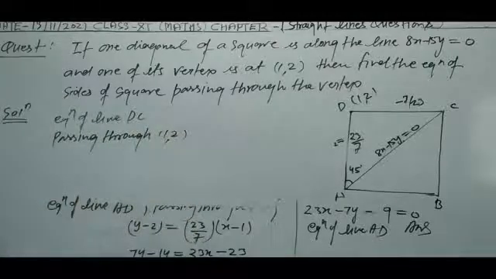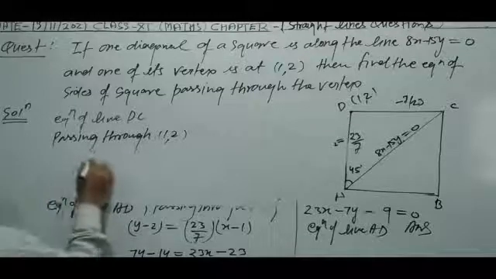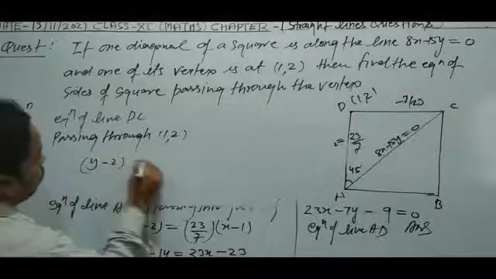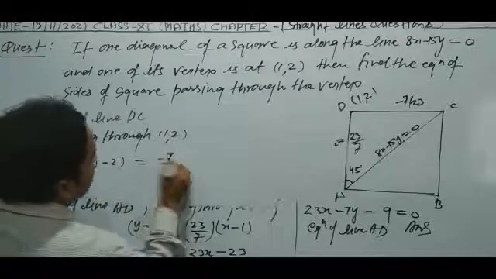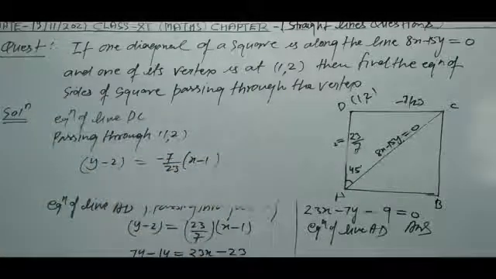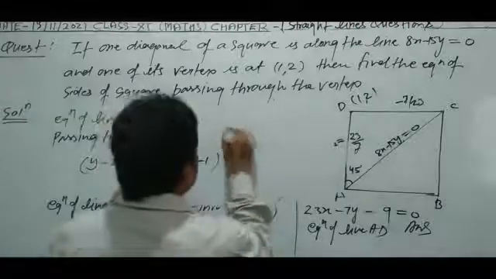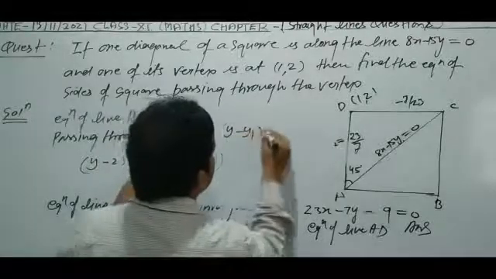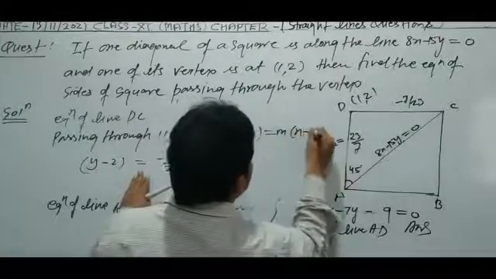DC line is also passing through (1, 2). So the equation of line DC will be y minus 2 is equal to minus 7 upon 23 times (x minus 1). This is the formula: y minus y1 is equal to m times (x minus x1).